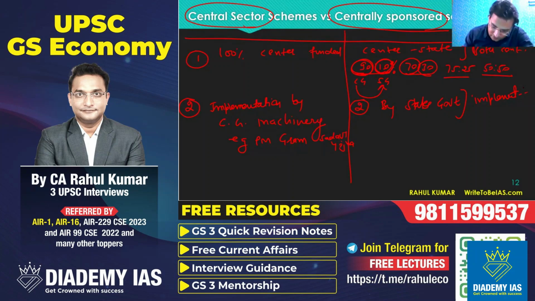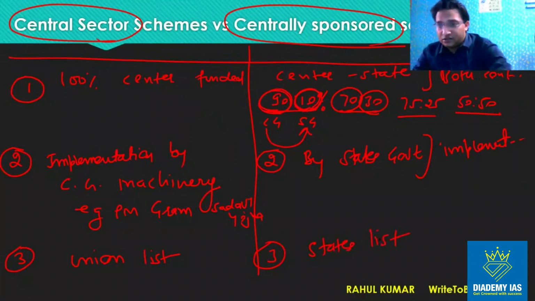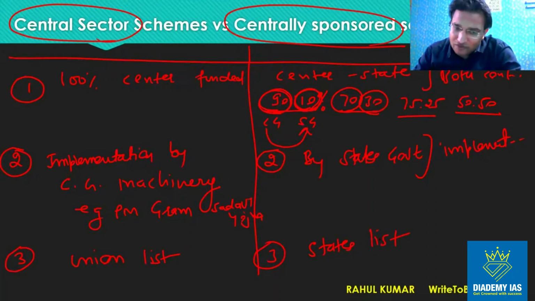Now, third difference, these central sector schemes are applied for those subjects which are in the union list, right? And centrally sponsored schemes are primarily used in those areas which are in the state list. जो area state list में है वहां पर primarily इसको use किया जाता है. ठीक है? So these are the major differences.